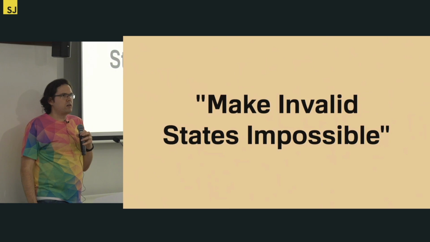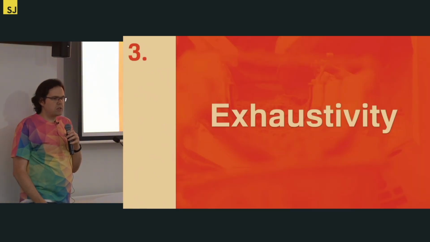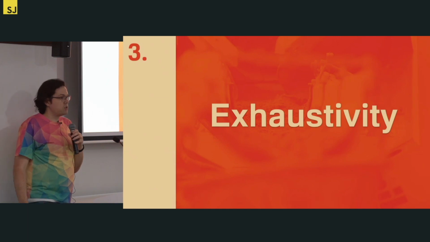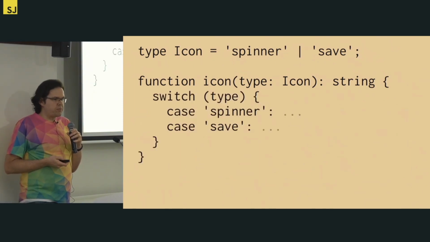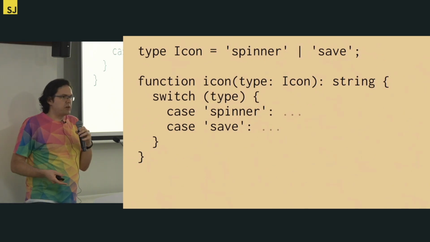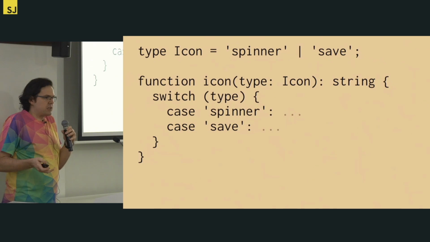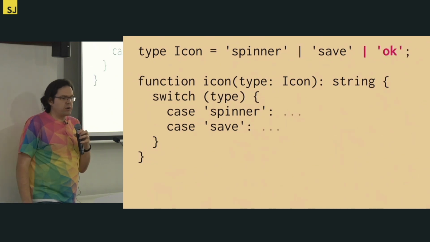So let me see. Okay, one thing I do want to cover is exhaustiveness, which comes back to the to-do list concept from earlier, where we've got some inputs. We've got our spinner and our save, and we want to make sure we've matched all of them. Doing this means that we've matched all the possibilities. TypeScript will be happy. Our code will work. Fantastic. So we go and add another kind of icon, an OK icon.